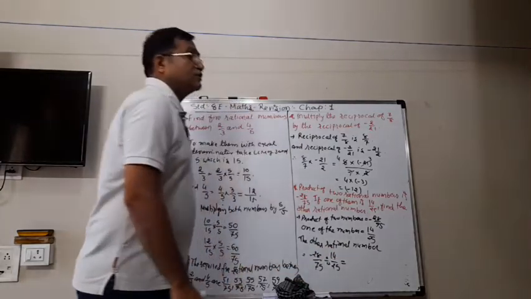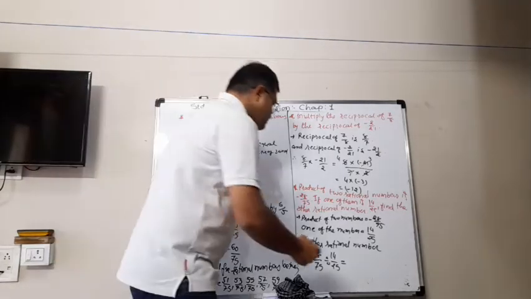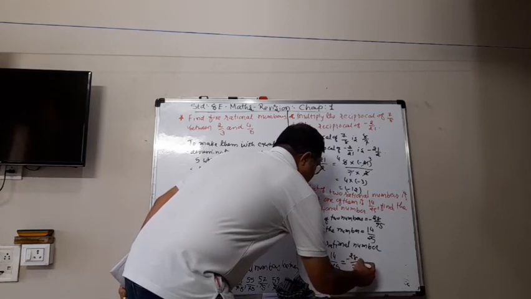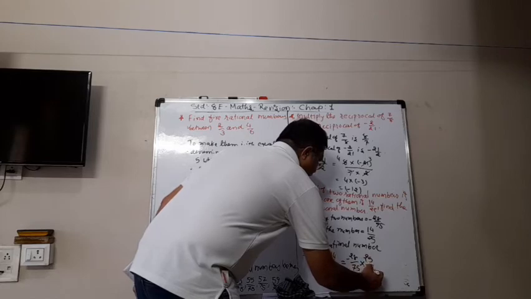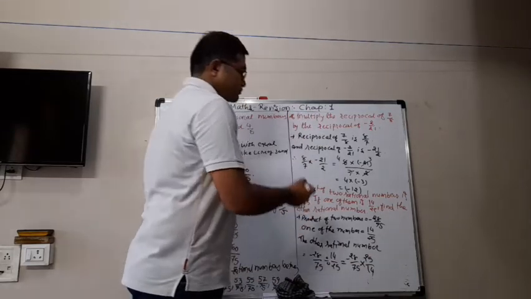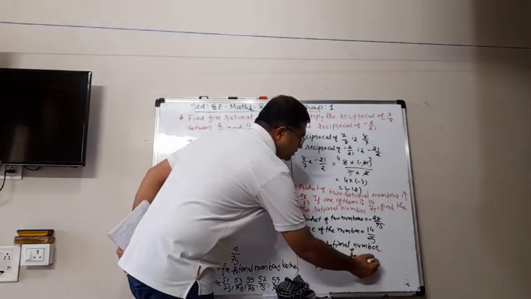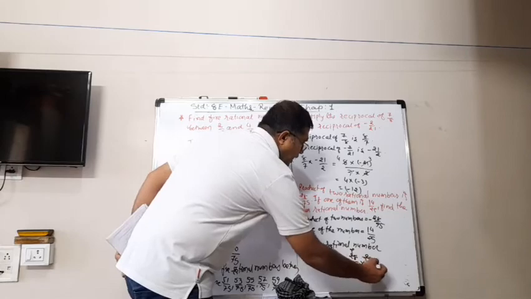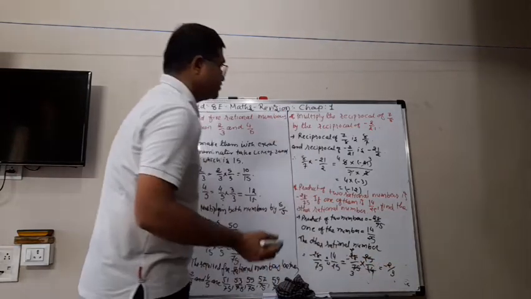We know that when we divide, we multiply by the reciprocal. So it is equal to minus 28 upon 75 multiplied by 25 upon 14. We can do the cancellation. 14 2s are 28, 25 3s are 75. So the answer is minus 2 upon 3.